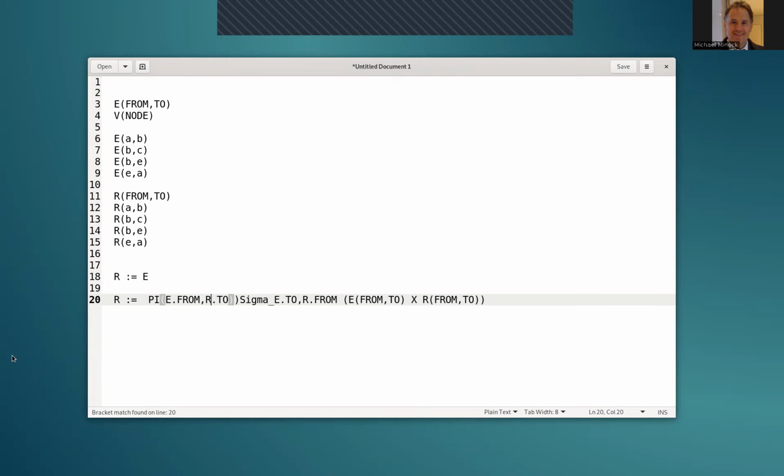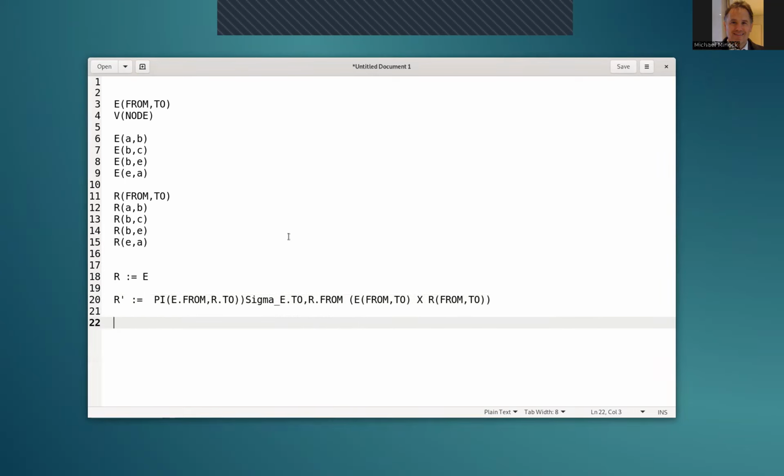Okay. Let's do a simple example here. So I have E and I have R. If R was just static, then you could compute what this R prime is. It's easy to compute. What's an example of something in R prime?